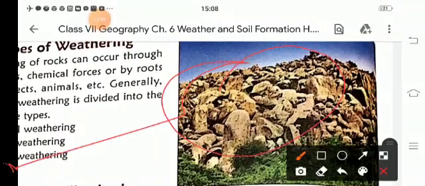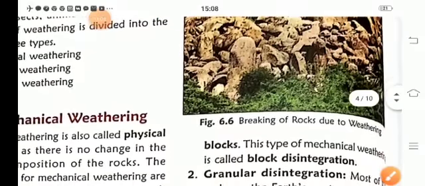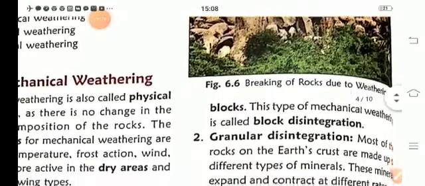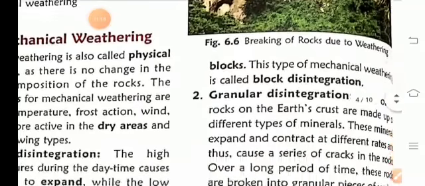Then we will read about granular disintegration. So what is granular disintegration? In the rock crust there are different types of minerals, and these minerals expand and contract at different rates and cause a series of cracks in the rocks.